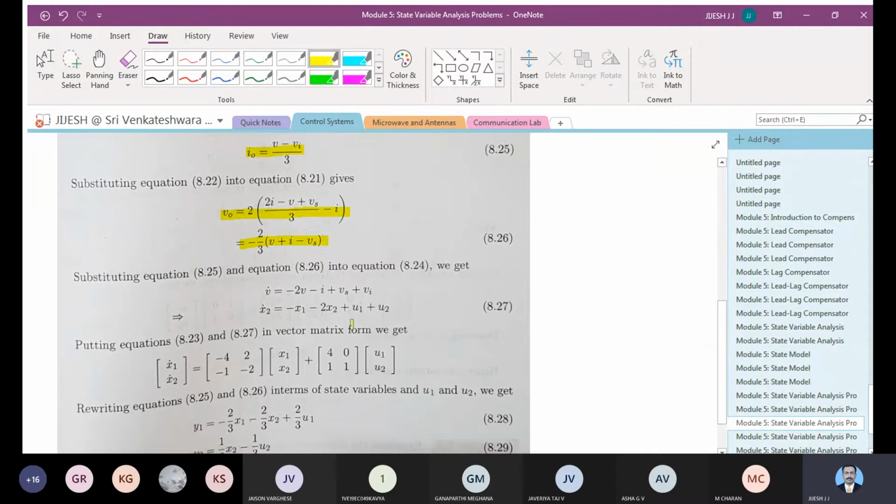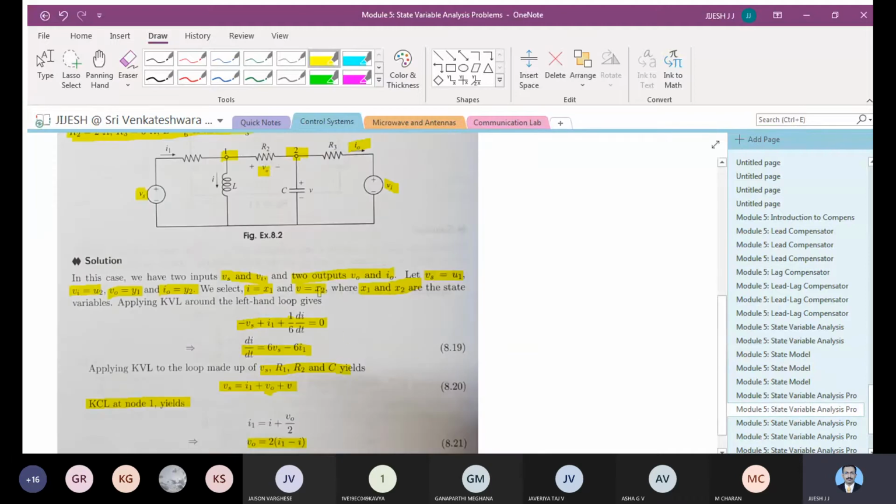You can get two equations in terms of V dot and x2. So you get V dot is equal to this one, and that indicates what V is. V we have defined here already. V is equal to x2, so V dot is equal to x2 dot.